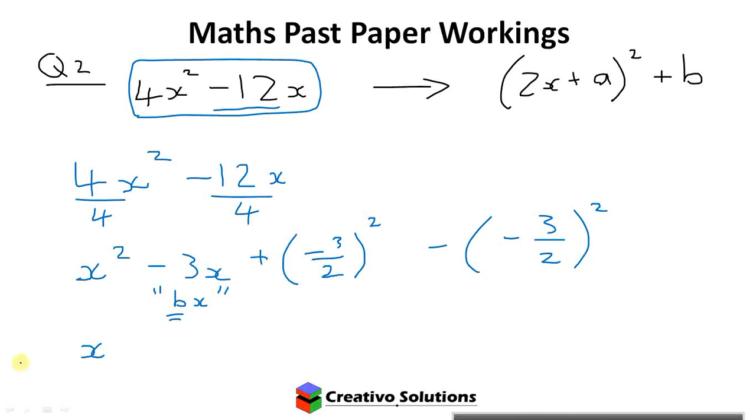Okay. So if I had to simplify this, this would be equal to x squared, minus here, 3 over 2, and that'll be squared. Okay, minus, and that squared will be positive, so negative 9 over 4.